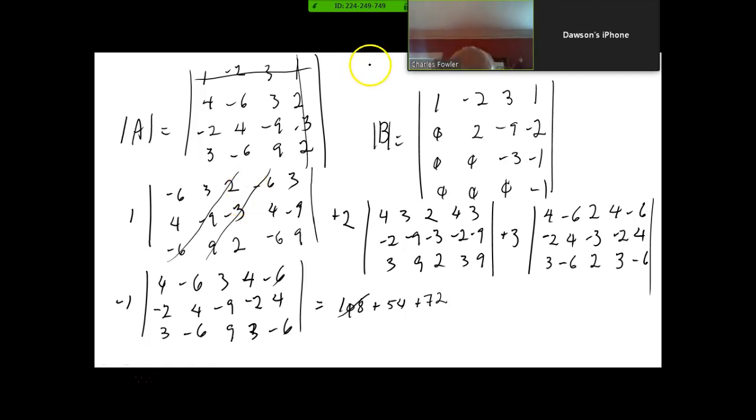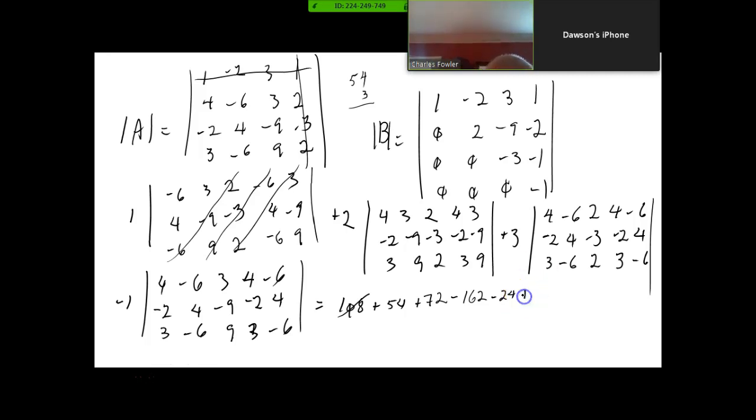I have to do that over here. 54 times 3, 162, but it's a negative, isn't it? -162. Is that right? Yes. Okay. And then this one will be a -24. Yeah. Okay. Whew. That's just the first one.